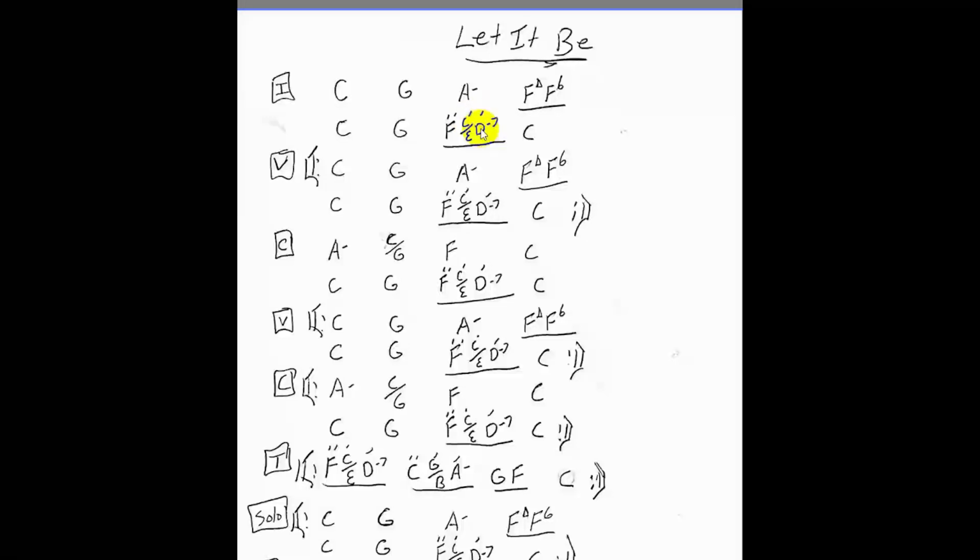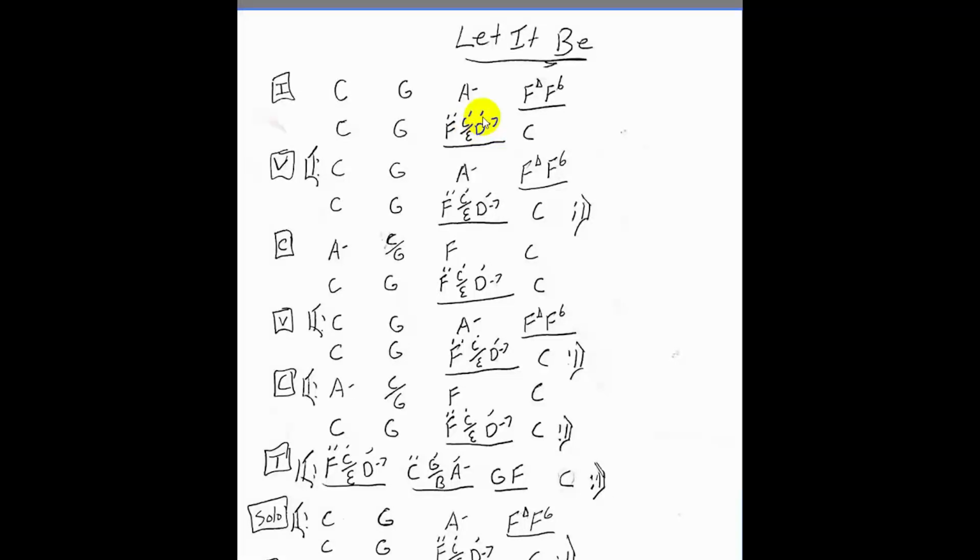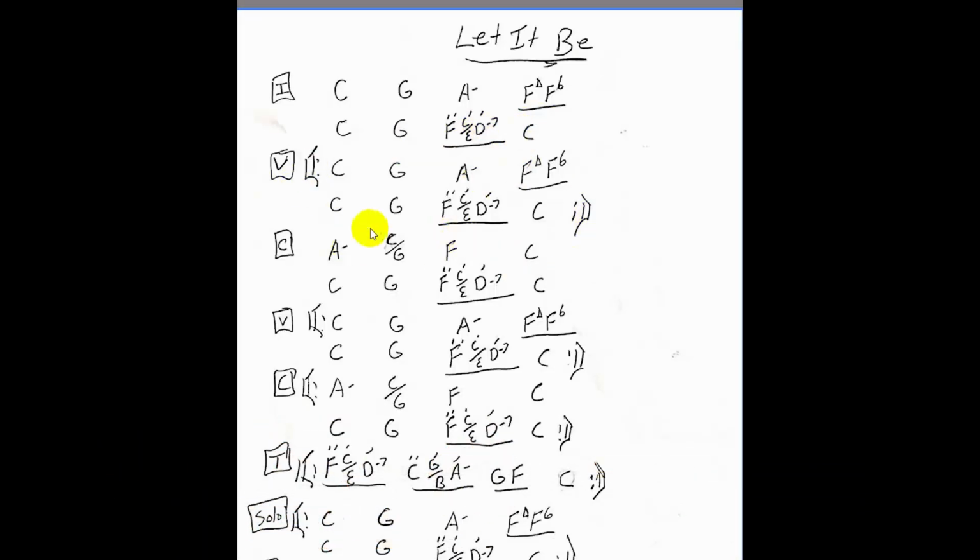So if you look at this measure right here, this is underlined, but there's 3 chord changes in it. So above F, that gets 2 beats, and then the C over E gets 1, and then the D minor 7th gets 1 beat, okay? And then this is one measure here. And so it's the same convention throughout the entire chart.